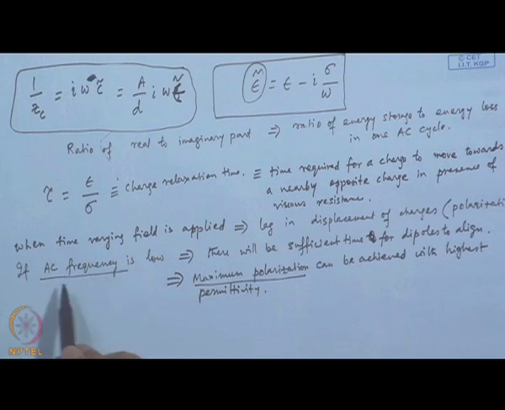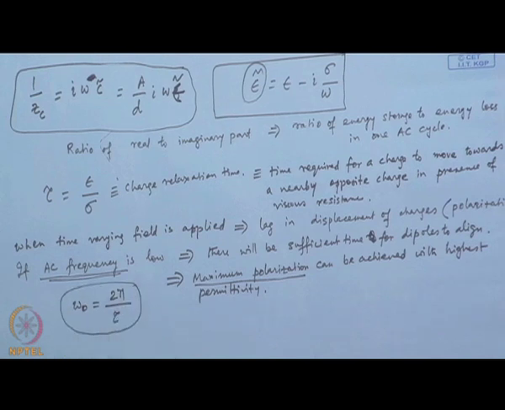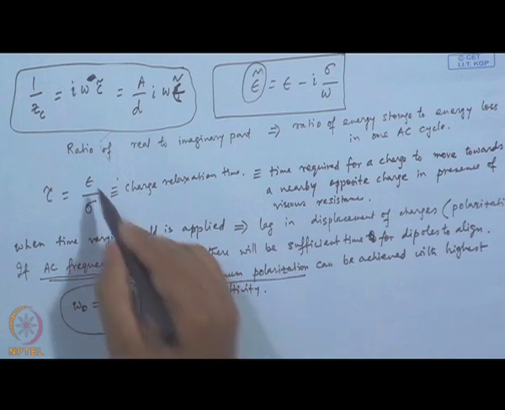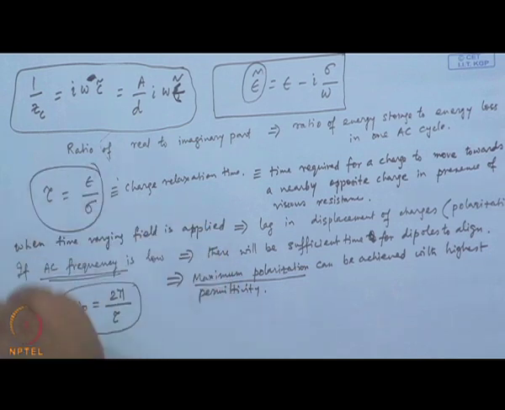Now, if this corresponding AC frequency is referred to as omega naught, then this omega naught would be related to this time scale as omega naught equal to 2 pi by tau, where tau is epsilon by sigma.